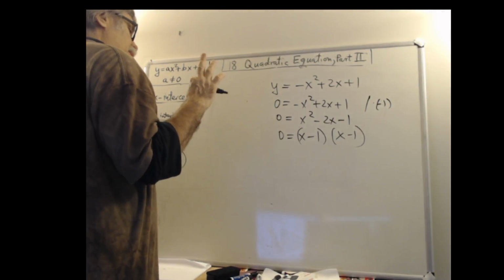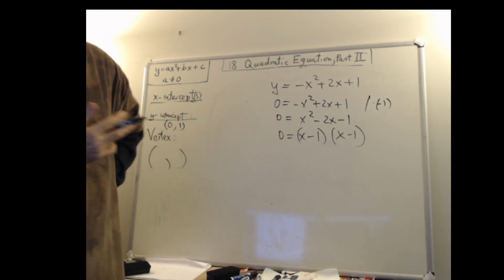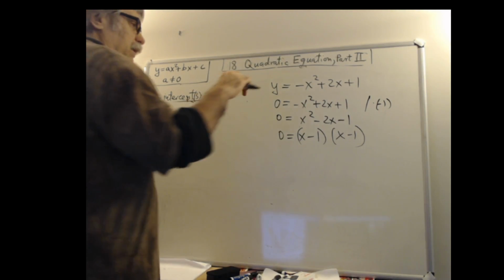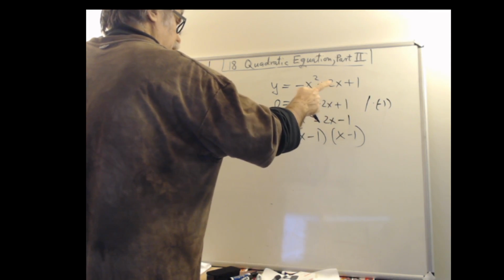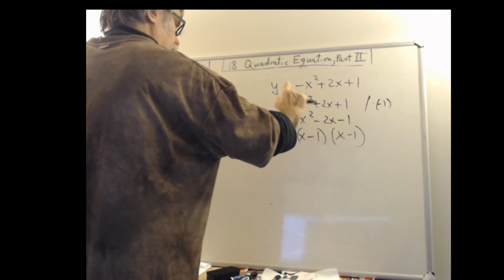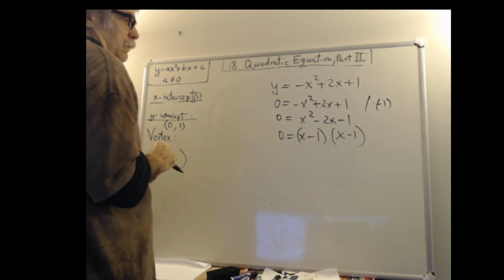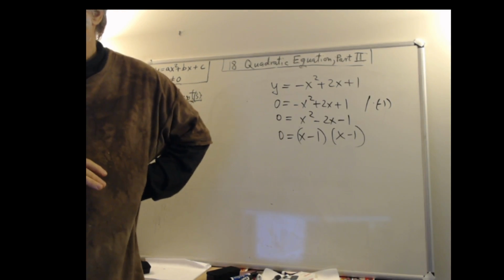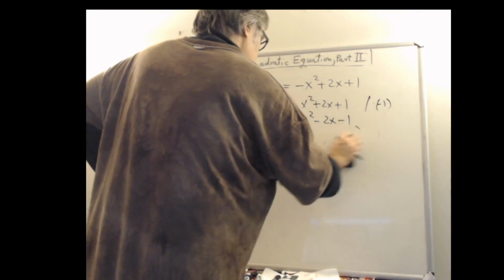So I need two numbers. One of the numbers has to be negative, one of them has to be positive, and when I add them, I need to get negative 2. Alright, no factorization, this is a prime. Alright, too bad.